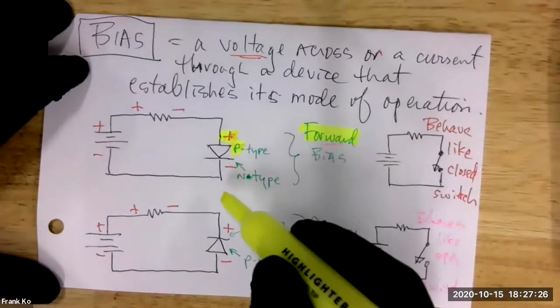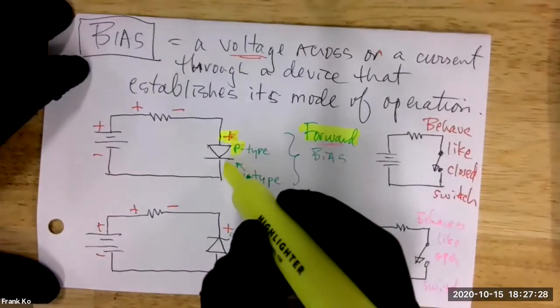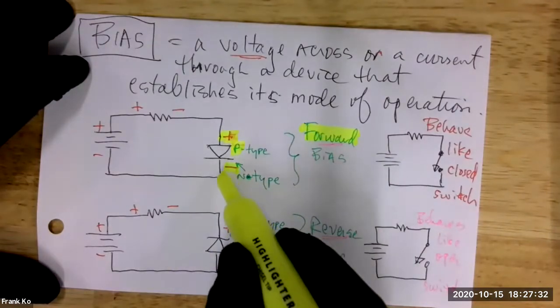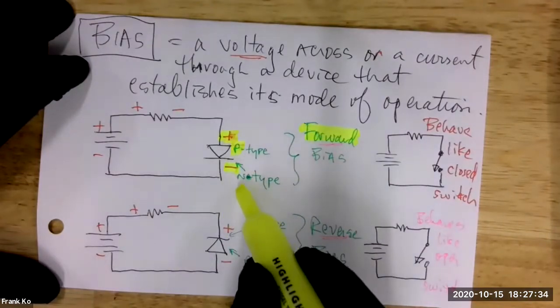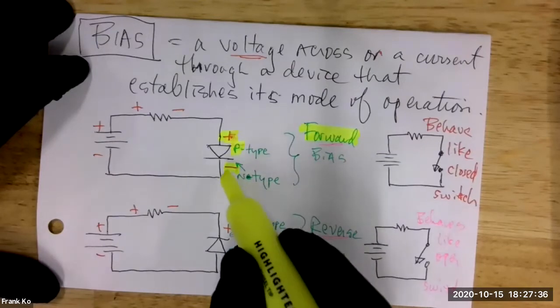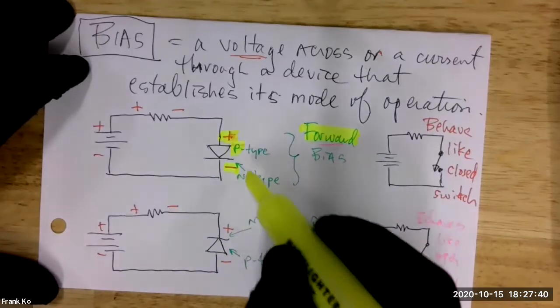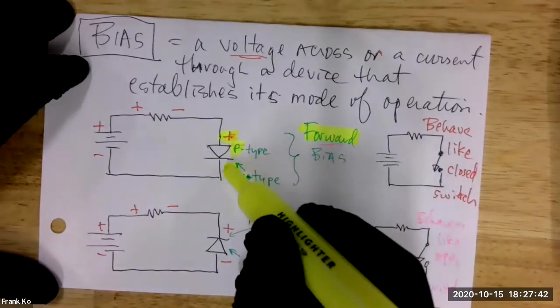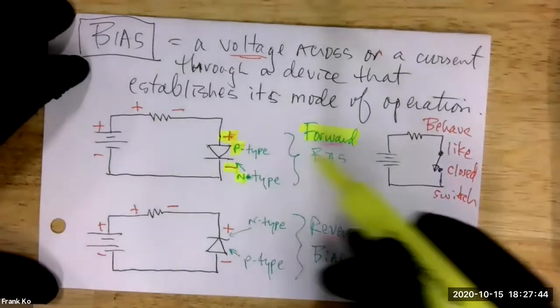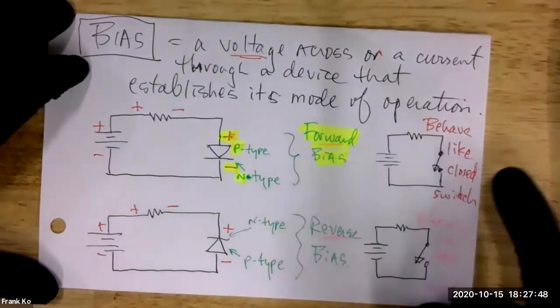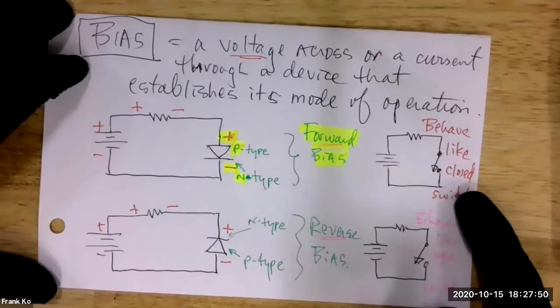Take a look at the other side of the diode. I have negative here, and negative is being presented to N-type material. So when I have negative to N and positive to P, this is called forward bias. When I have forward bias, this will behave like a closed switch.